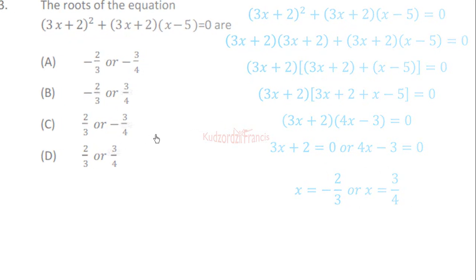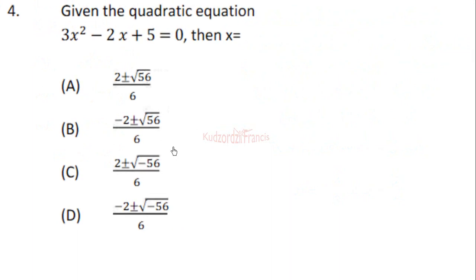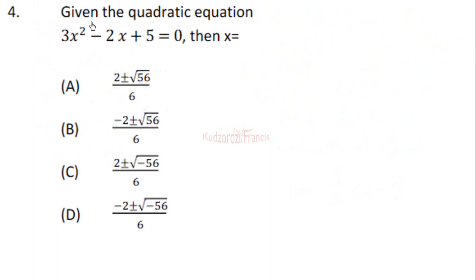Now we proceed to the next question. Given the quadratic equation 3x squared minus 2x plus 5 is equal to 0, then x is equal to what? So this is how we go about it. Let us repeat the question. We are going to use the completing the square method.